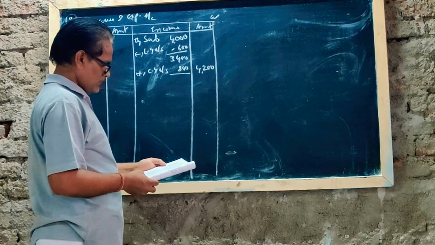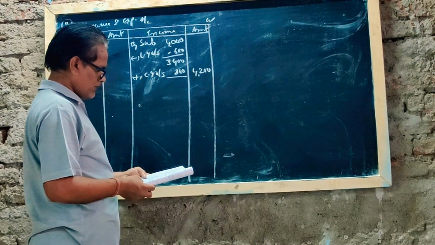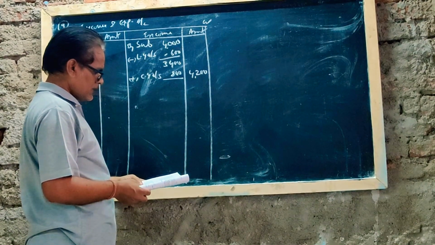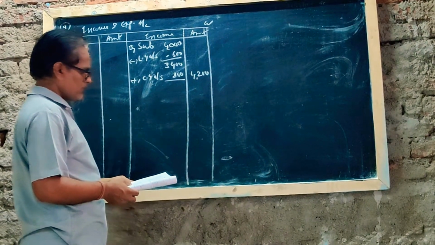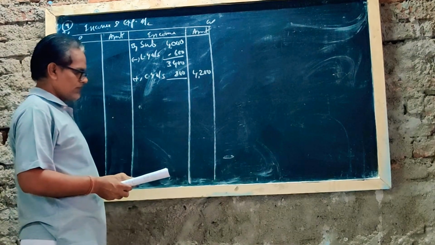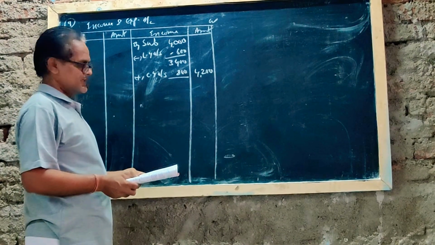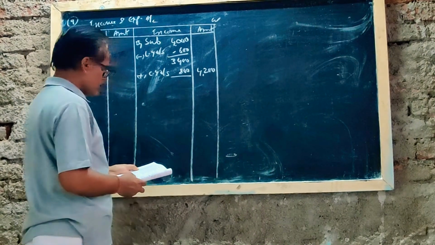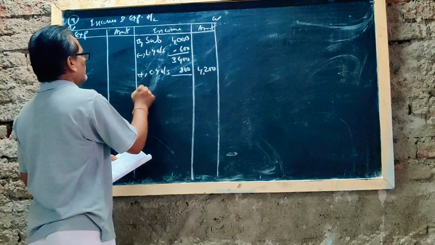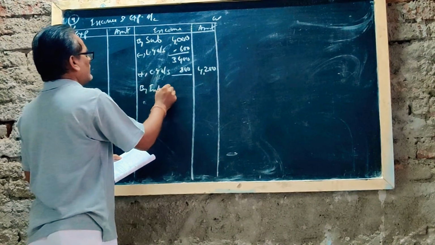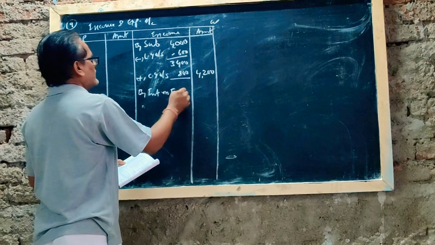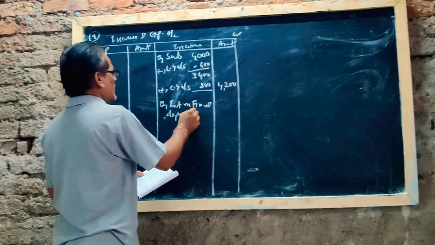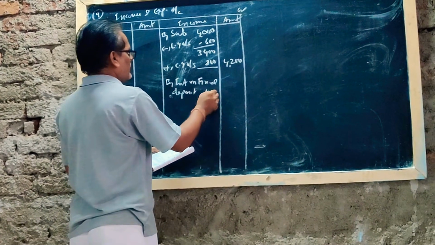Next, entrance fees. See point E: according to the bylaws of the club, donations and entrance fees are required to be credited to the general fund. So he mentioned entrance fees and donations you have to take as general fund, don't take them here. Now interest on fixed deposit, this is income. Interest on fixed deposit is 105 rupees.